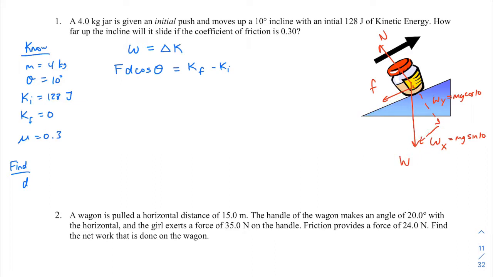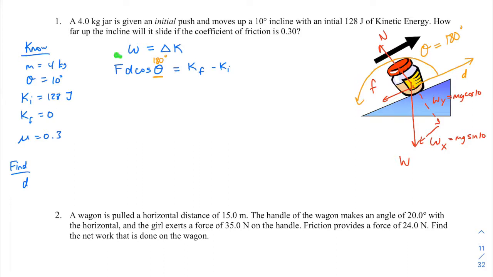So if I think about my distance, the distance this thing moves is in this direction, up the slope. The forces that are causing the change in energy are going down the slope. So the angle between those two is 180 degrees, because the angle between the distance and the force causing the change in energy is 180 degrees.